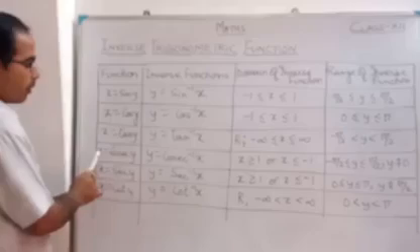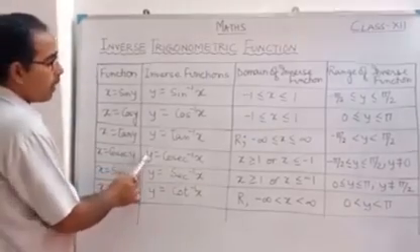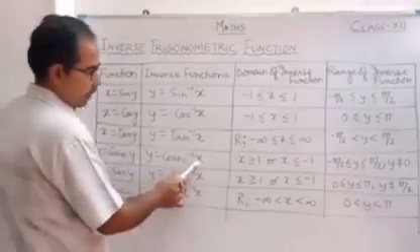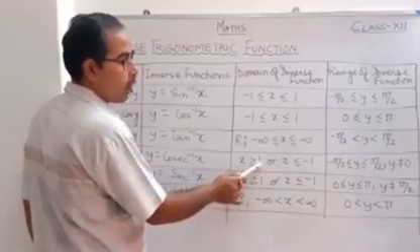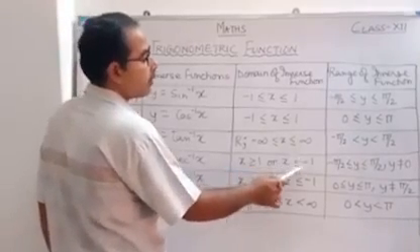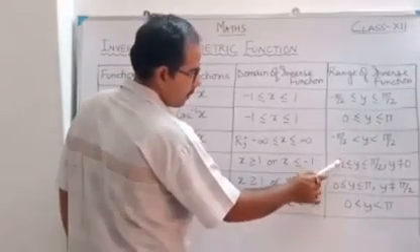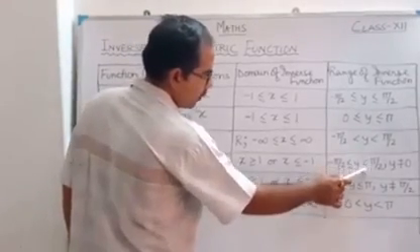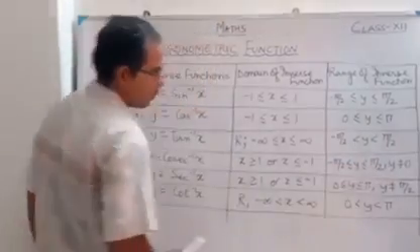And for the function x equal to cosec y, the inverse function will be y equal to cosec inverse x, and the domain will be x greater than or equal to 1 or x less than or equal to -1. Correct? And the range -π/2 less than or equal to y less than or equal to π/2, where y not equal to 0.